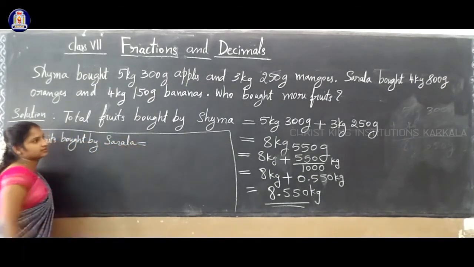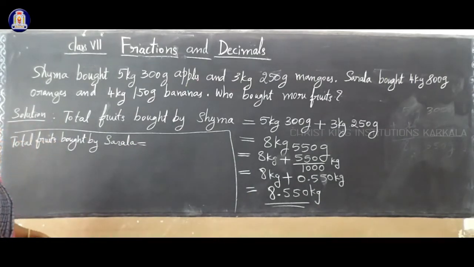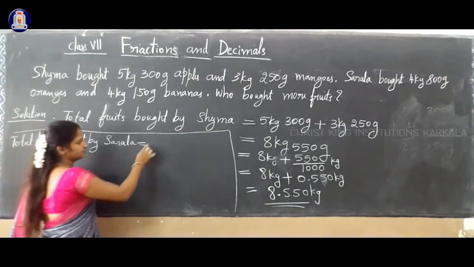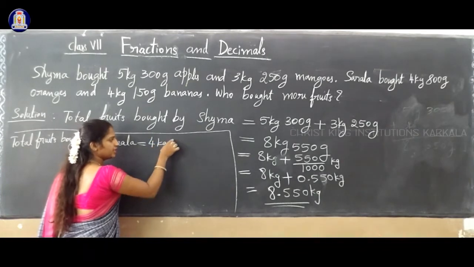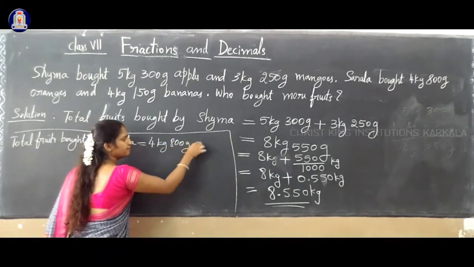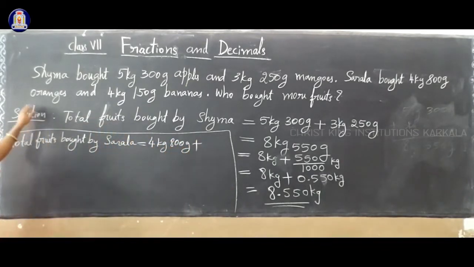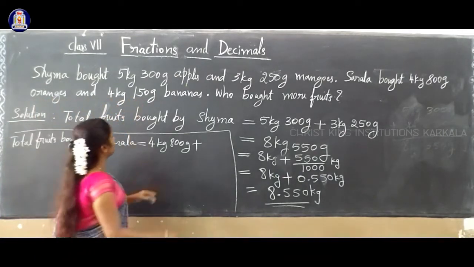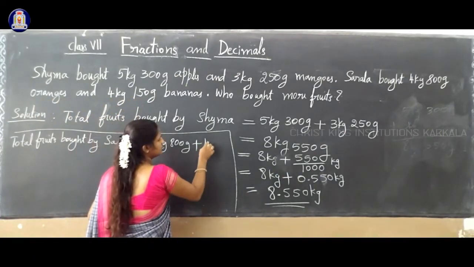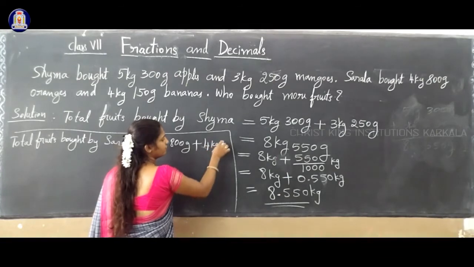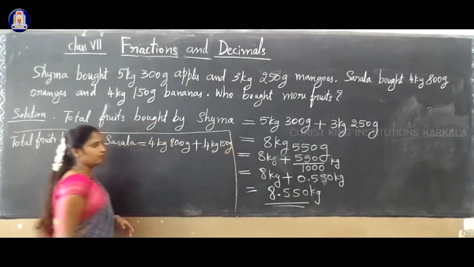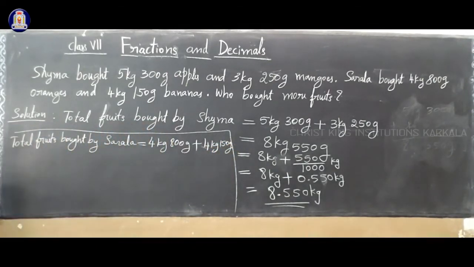So see the question. Sarala bought 4 kg 800 gram plus 4 kg 150 gram. So right here 4 kg 150 gram. This is total fruits bought by Sarala.